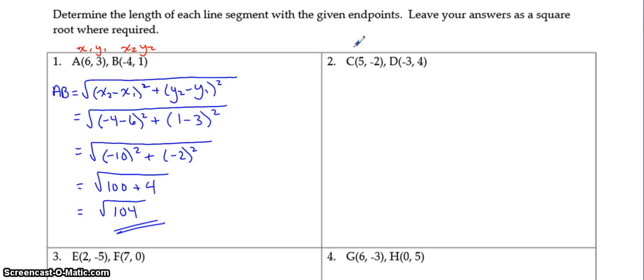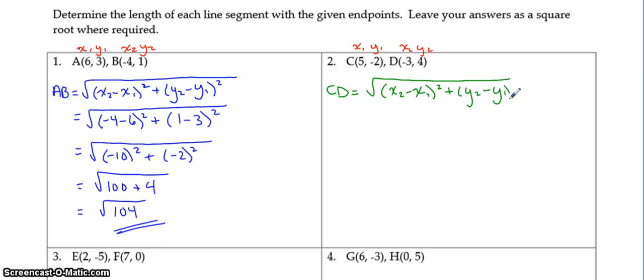So your two endpoints will be x1, y1 and x2, y2. So our endpoints are C and D. So we're going to find the length of CD, and that is the square root of x2 minus x1 squared plus y2 minus y1 squared.